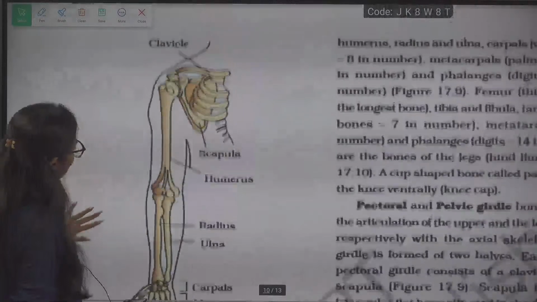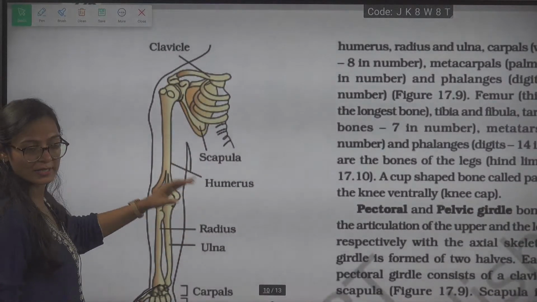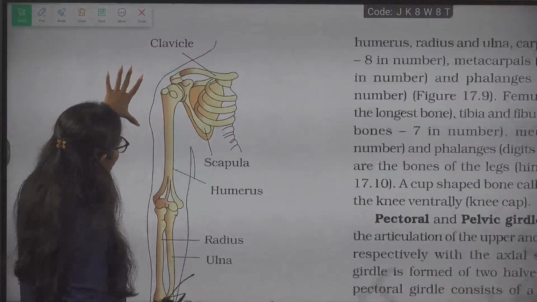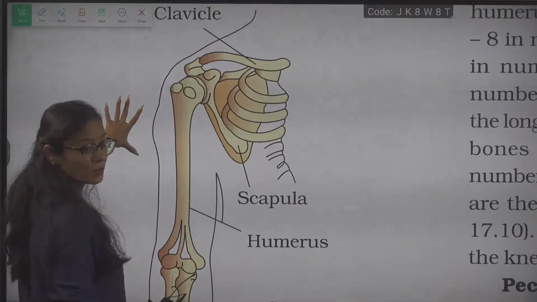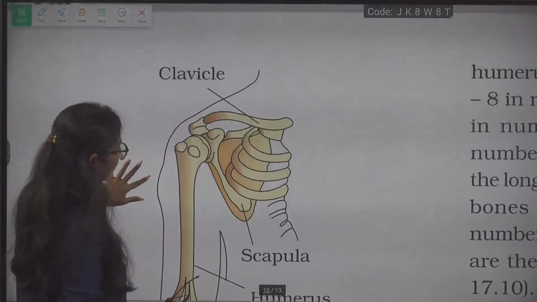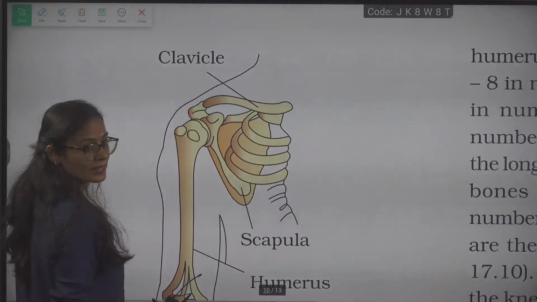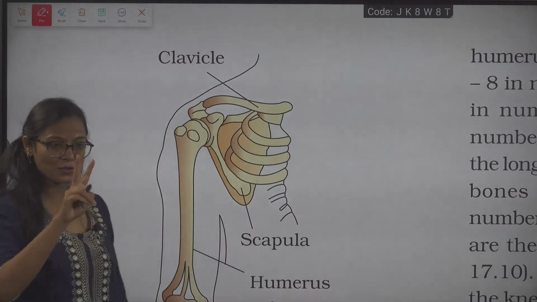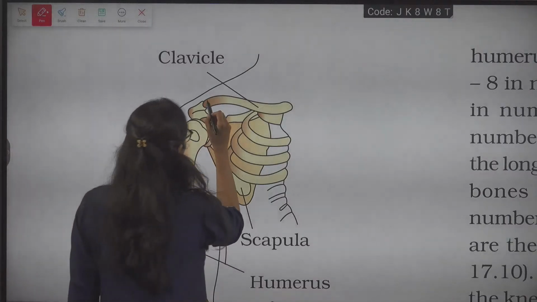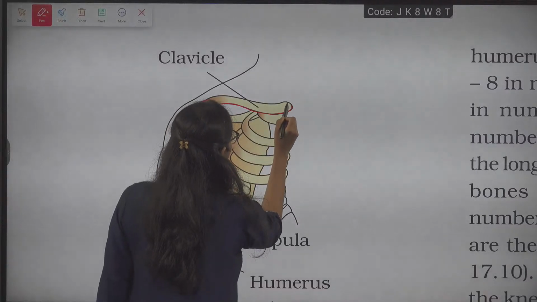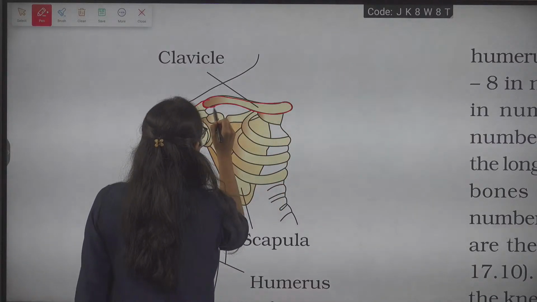Yes, so coming back to this diagram, but now you don't have to look at the bones of the hand. Now you have to look at this upper region. So I'm going to zoom it. I hope it's clear to all of you. Let me drag it a little down. Yes, now I think it is very much clear, right? Okay, so now you just have to focus on two bones. This is one bone, the one which I have marked in red.